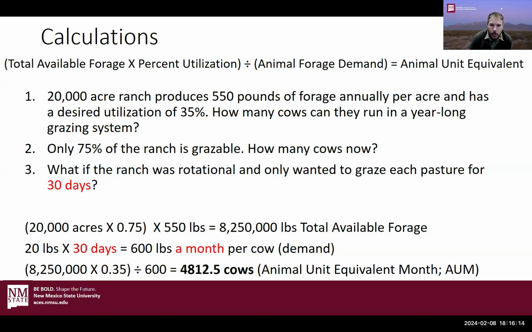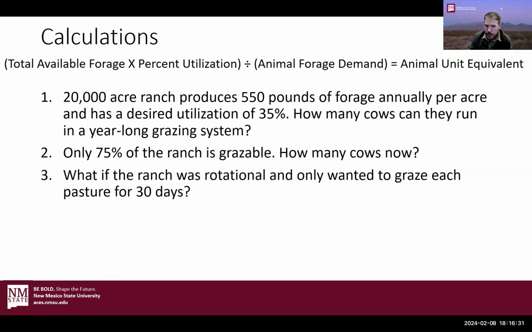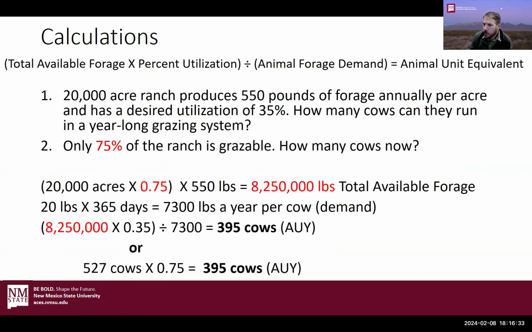And so now we plug that into the equation, and now look how many animal units we have. But interesting enough, this changes what we call the animal unit. If you noticed on the other ones, it was an AUY, which means that's an animal unit equivalent year.